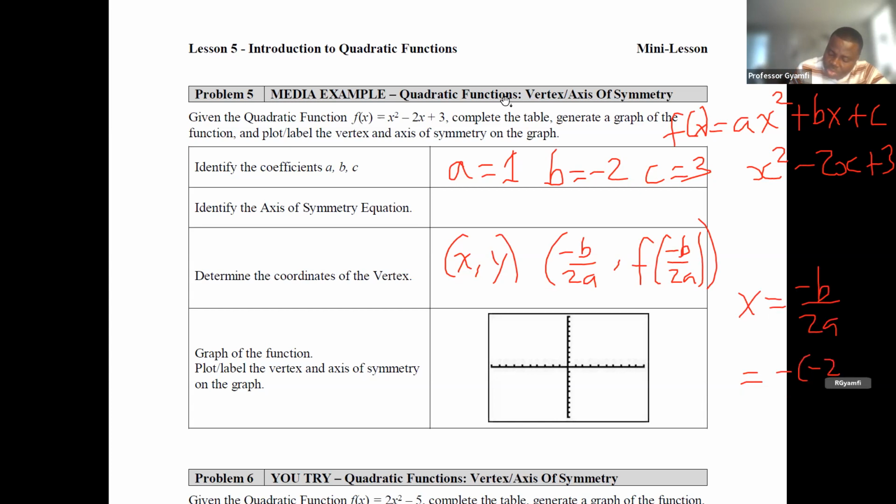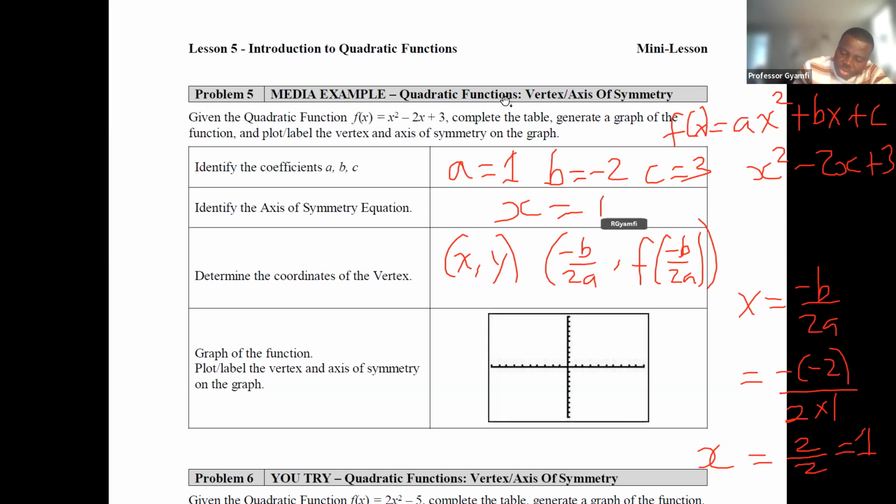Negative 2. So I have negative 2 over 2a. What is a? 2 times 1, which is 2. Negative times negative is positive, so I have 2 over 2, which equals 1. So x is 1, and my equation of axis of symmetry is x equals 1.